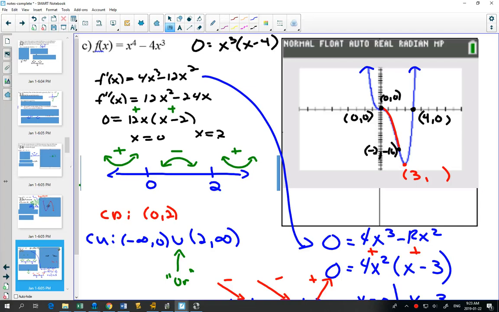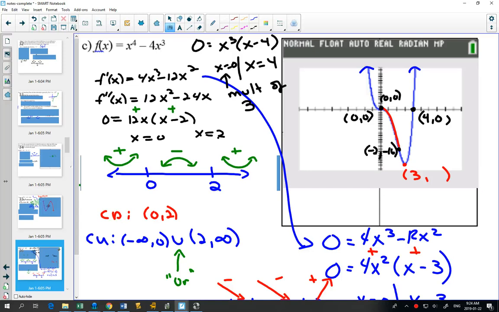But the x-intercept at 0, in grade 12, we said this had a multiplicity of 3. And what did that multiplicity of 3 mean for a graph? Right? I described it to my class that it still went through, but it bent.